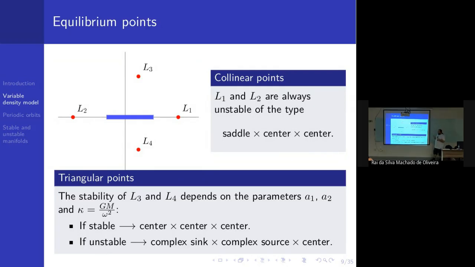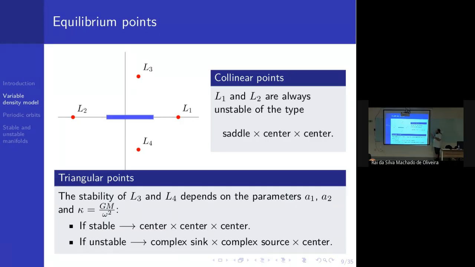Equilibrium points are points in the phase portrait that aren't moved by the flow, so the differential equation evaluated at those points is 0. This system, the variable density model, always has 4 equilibrium points. Two of them are called L1 and L2, the collinear equilibrium points, because they are on the same axis as the asteroid, and they are always unstable, independently of the parameters.